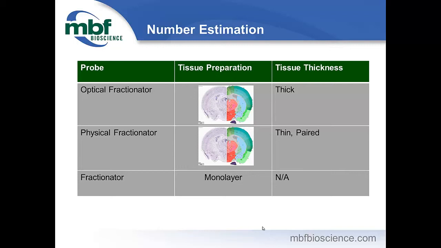What we mean by paired sections are sequential sections. So if you have your tissue sectioned at 2 microns and you want to count cell bodies, for example, that would be appropriate. And so you could take 2 sections that are sequential and then have an interval between the next pair of sections.